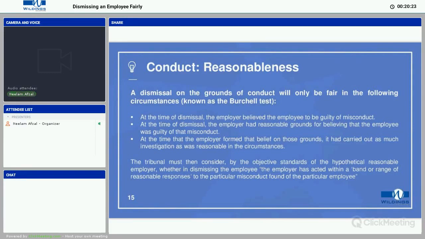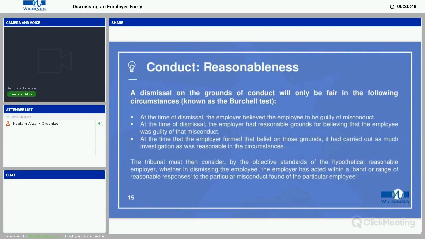So the test that they apply is an objective one, and it's of a hypothetical reasonable employer, whether in dismissing the employee, the employer has acted within the range or band of reasonable responses to that particular misconduct found of that particular employee. And an example I'll give you, let's say somebody's coming into work and they're persistently late. Now, we've already determined from the earlier slides that that's a misconduct issue.